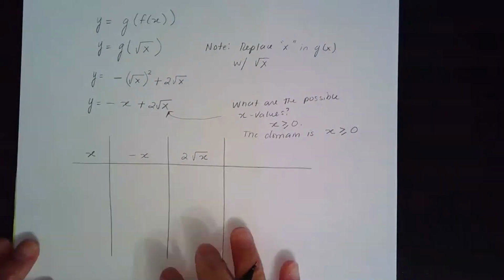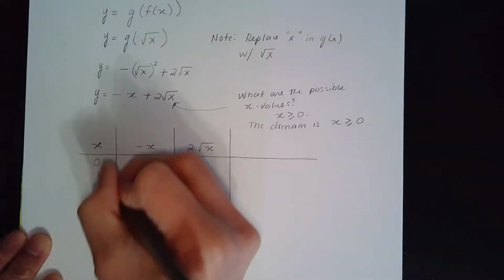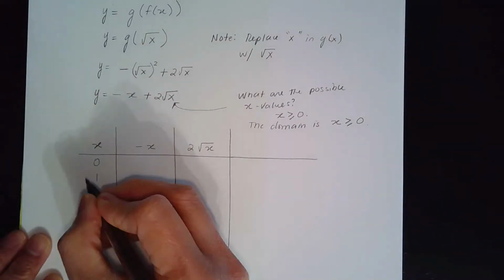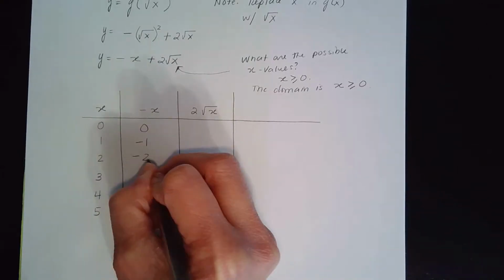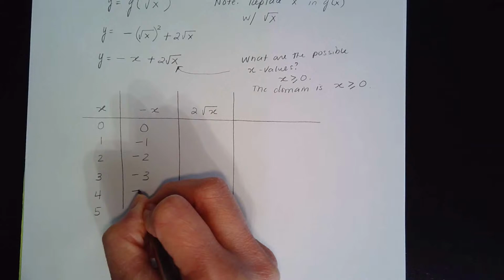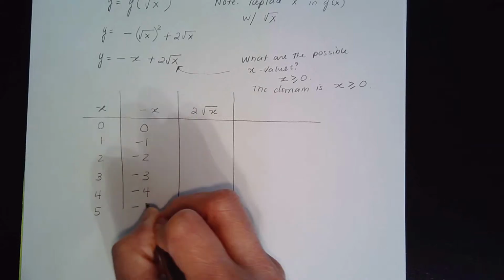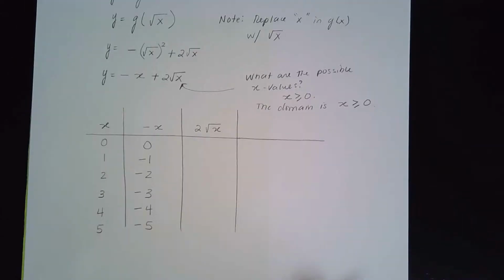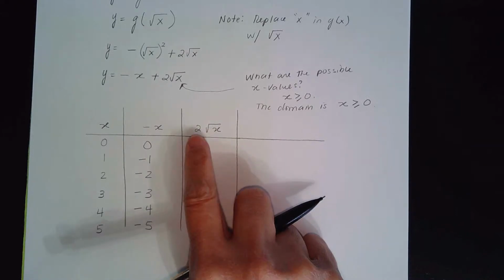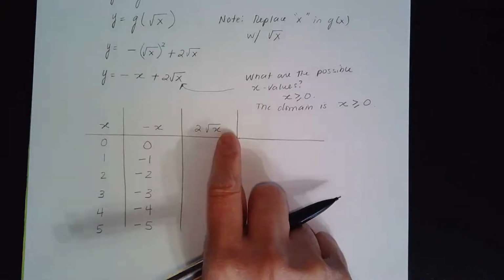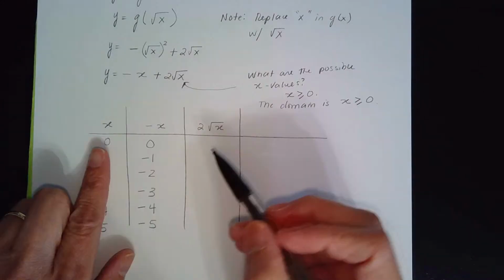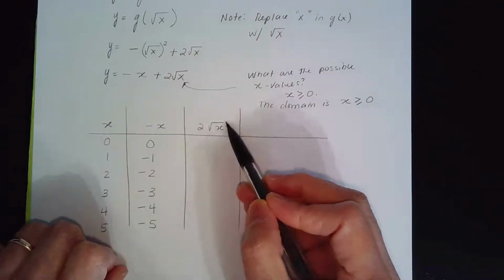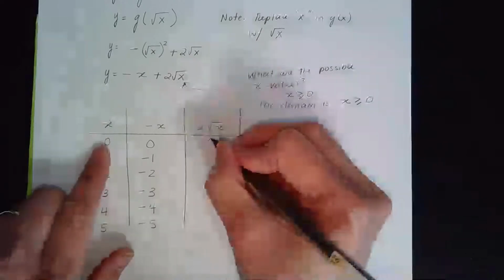So let's pick numbers greater than or equal to 0: 0, 1, 2, 3, 4, 5, and the negative x column gives -1, -2, -3, -4, -5. That one's easy. Now what we're going to do is times the square root of x. Forget this column first. So 2 times the square root of 0 would be 0.